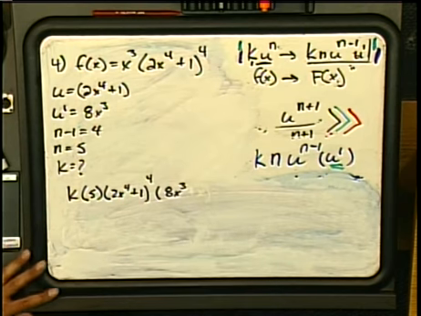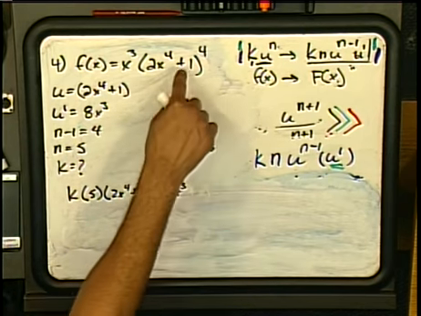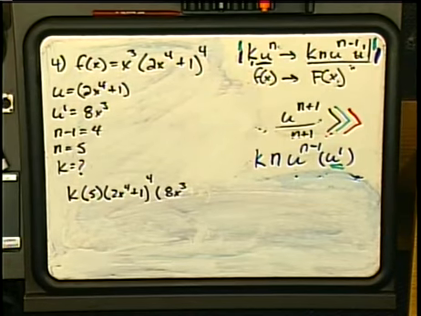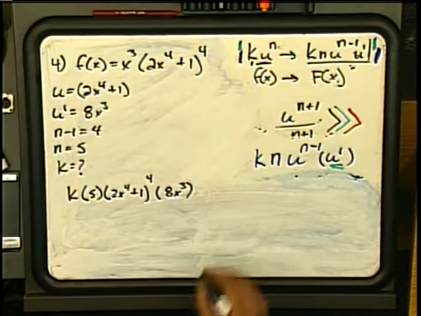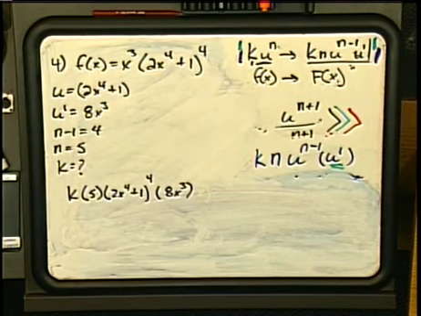But I should take the derivative of both. So the derivative of a constant is 0. Yep.